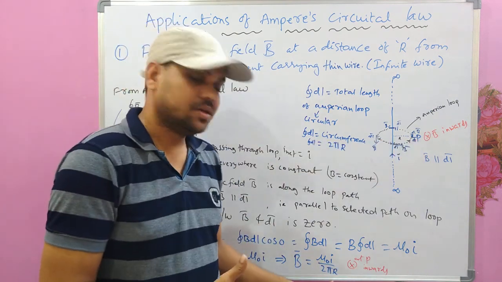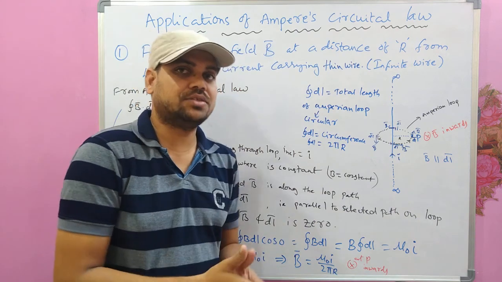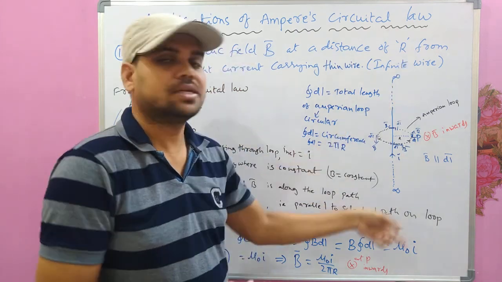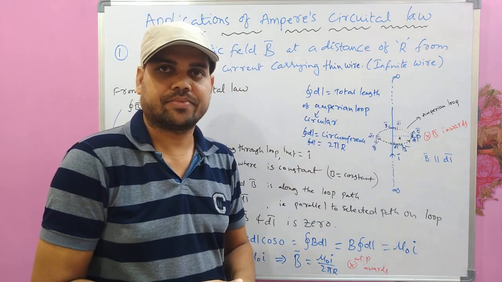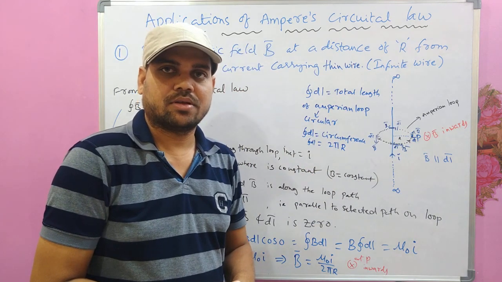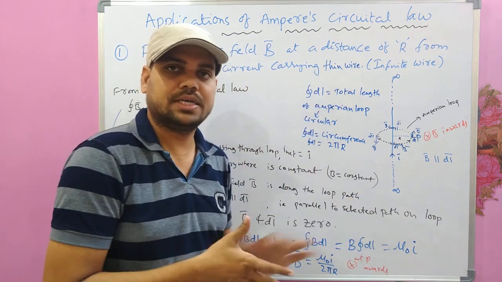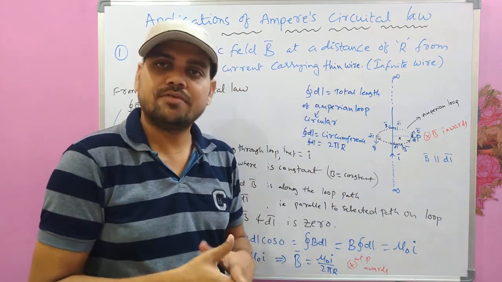If you observe this, this is the same as we have calculated using Biot-Savart's law for this conductor. You can compare it by watching that video, which we have already discussed in one of our previous video lectures.